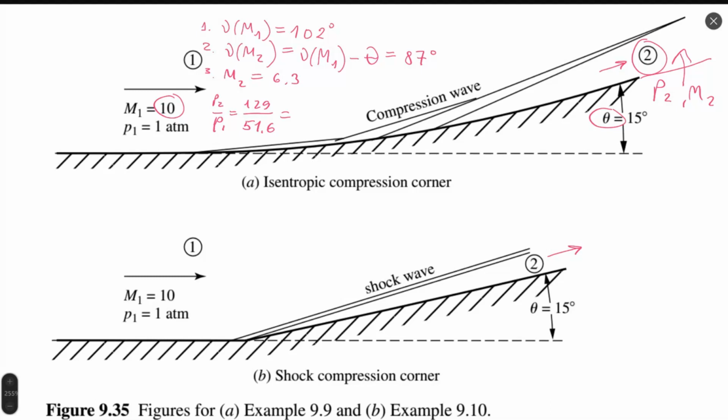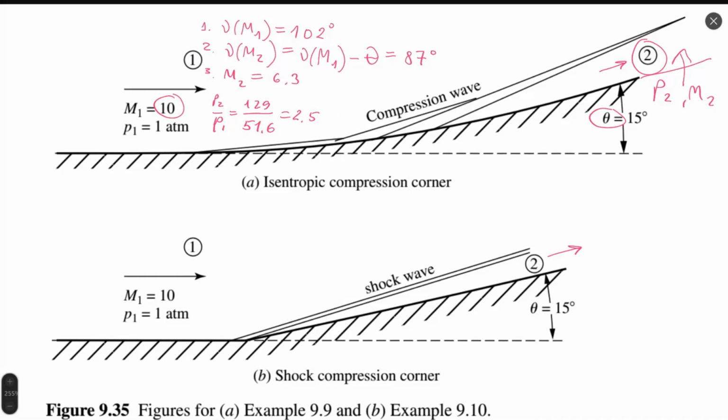2.5. Yeah, looks like 2.5. I already write ATM because when I multiply by P1, 1 ATM, I will receive dimensional pressure. Oh, sorry.